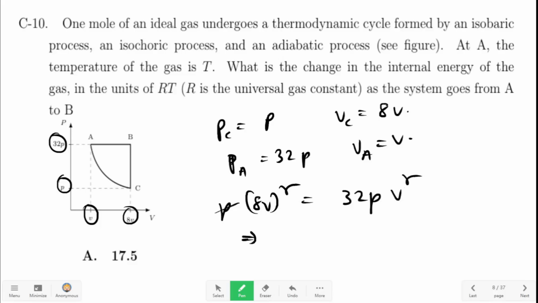This implies P and P gets cancelled. 8V divided by V raised to gamma is equal to 32.